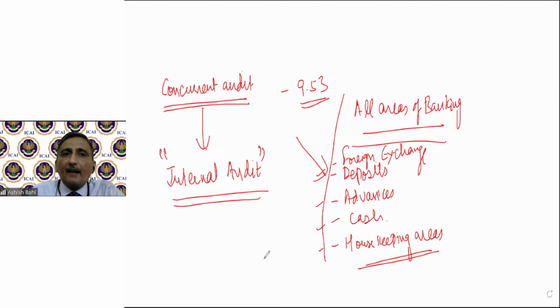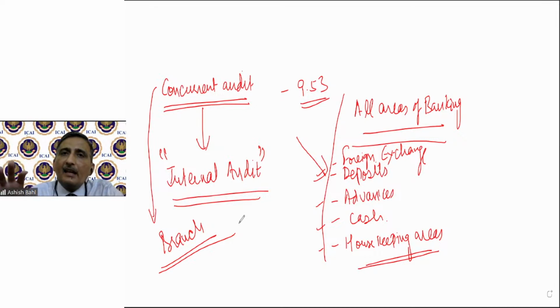And you also have to remember that concurrent audit pertains to a branch. A person who is appointed as concurrent auditor works at that branch, or provides services to that branch. Clear, students?